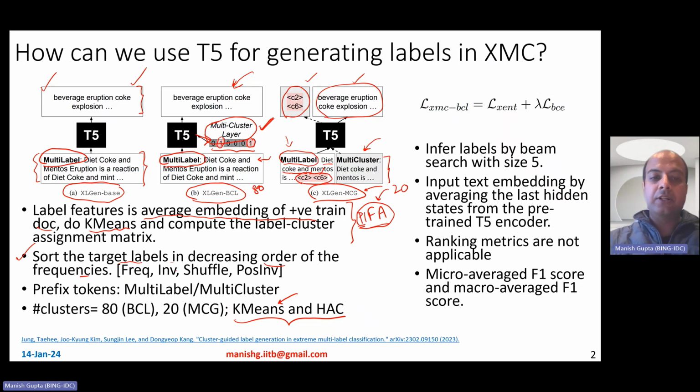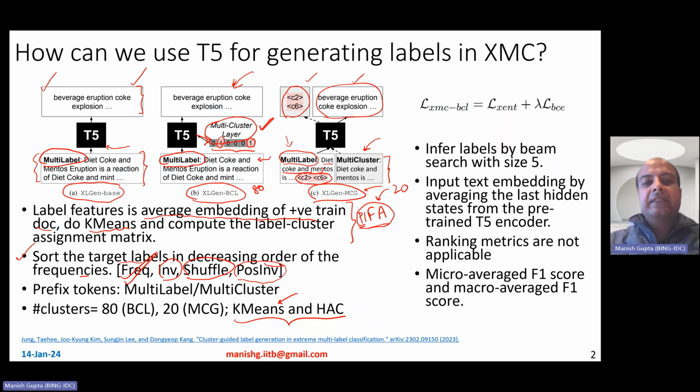However, they also tried sorting the labels in increasing order of frequency, randomly shuffling the labels, or disabling the position embedding for the T5 model so as to not care about the ordering at all. Of all these four techniques, the best one was the frequency-based technique: sort the target labels in decreasing order of their frequencies.